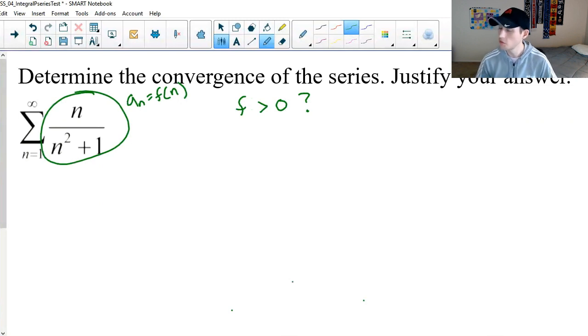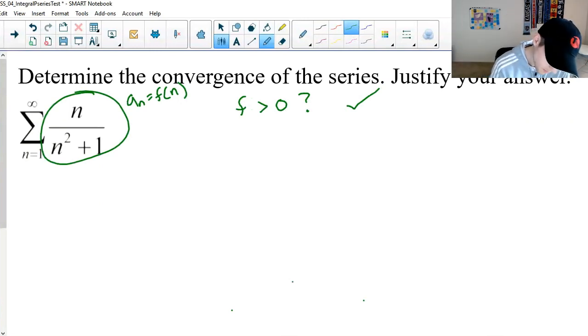Again, think about values of 1 and greater. Well, I don't think we need to graph this and look at that, but for values of 1 or greater, yeah, we're not going to get a value that's negative ever. If we're only plugging in positive numbers here, we're never going to get a negative function. So yes, F is positive. That's for sure. So that's my first check.